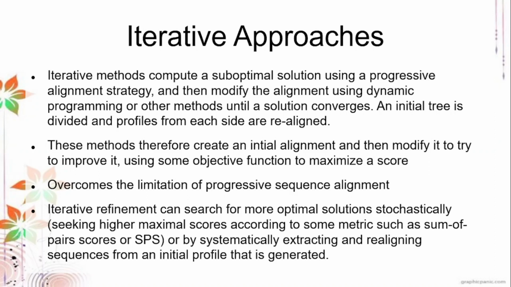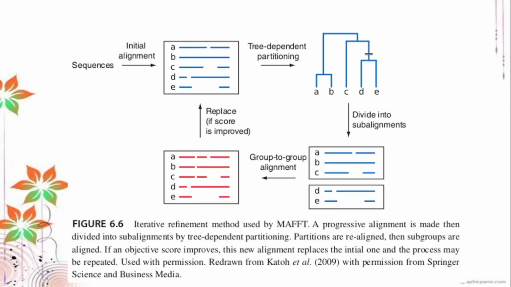So, for example, you have your sequences, you align those sequences, and this is your initial alignment. Now, you partition this one, divide it into sub-alignments, and then regroup them. You would now generate a second alignment. Now, this second alignment is slightly different from the first one, and you compare it with the initial. If the score for the second alignment, the new one, is higher than the initial one, you replace it.